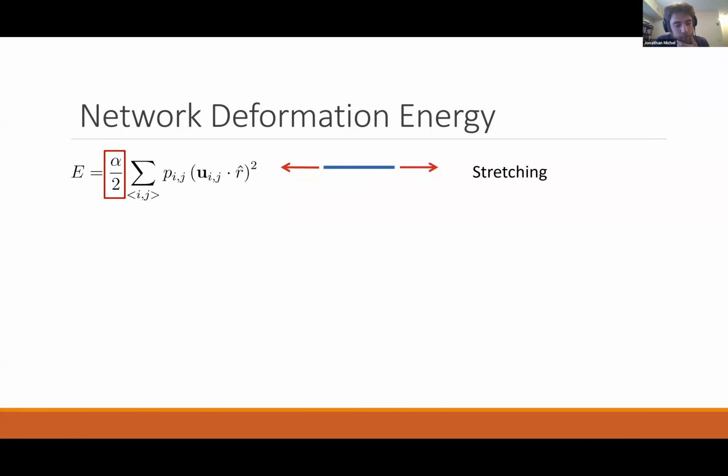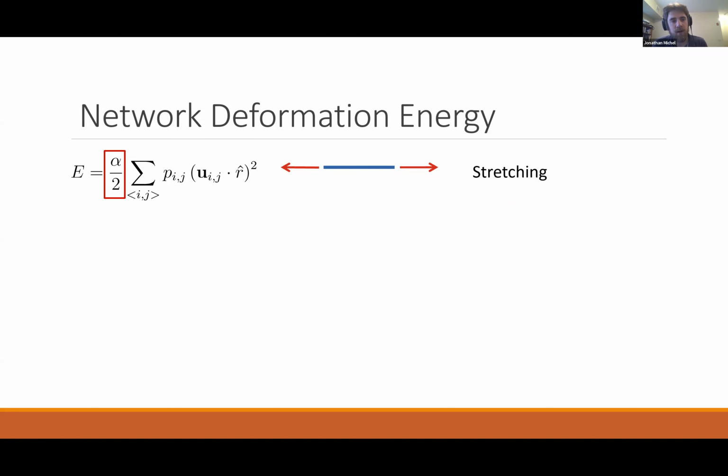To make this idea a little bit more precise, I mentioned that this network could resist stretching. Here we ascribe these bonds a spring stiffness alpha, so that we penalize the stretching, where u sub ij is the relative displacement of two vertices in the network i and j, and r hat is the unit vector pointing from vertex i to vertex j.